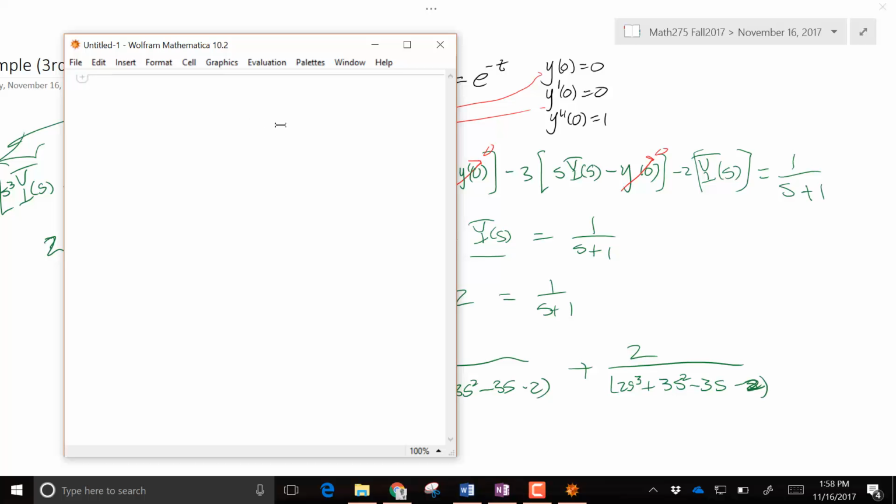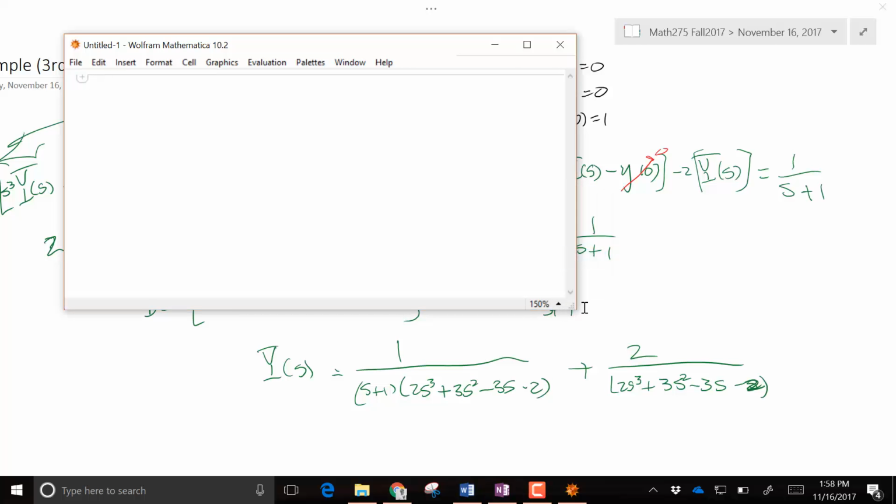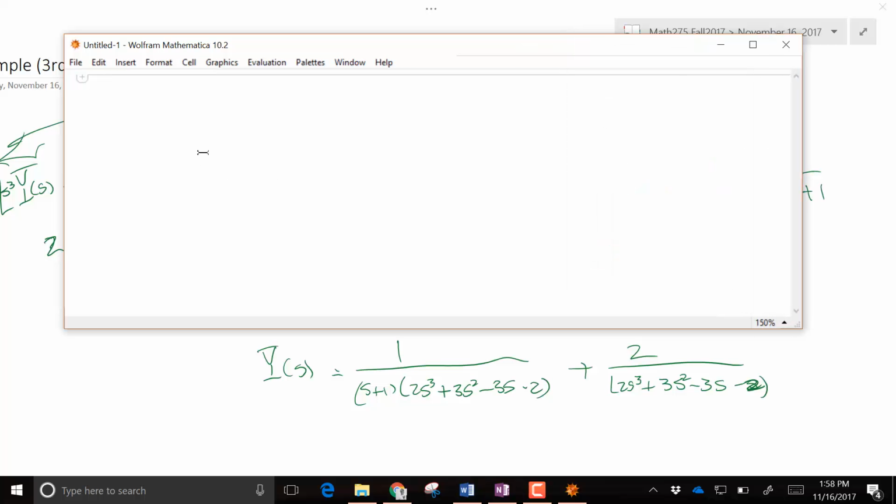So let's see. I have 1 divided by s plus 1, 2s cubed plus 3s squared. Is it the exact same one?